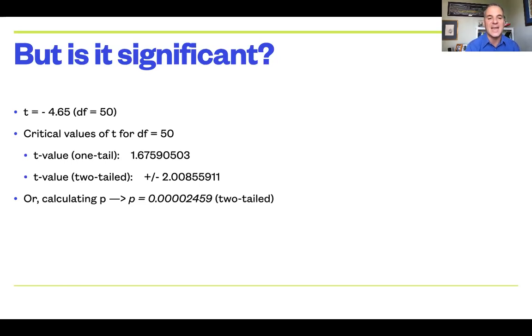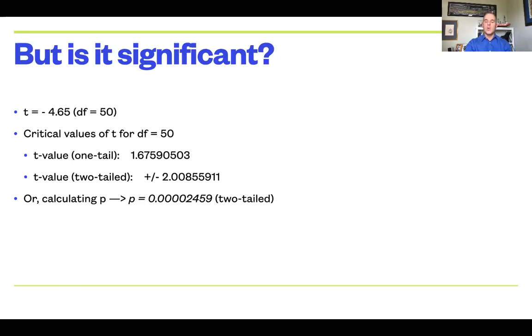the probability of getting 4.65 if there's actually no difference between these populations, right? That's what that p means. If there were no difference in these two populations, the probability of me getting 4.65 for my t-statistic is 0.0025% of the time. So very, very small, right?